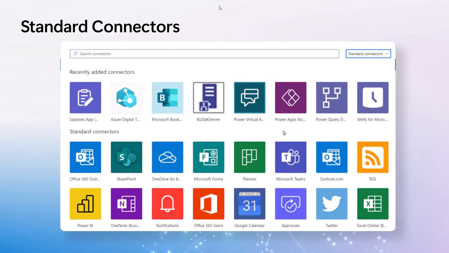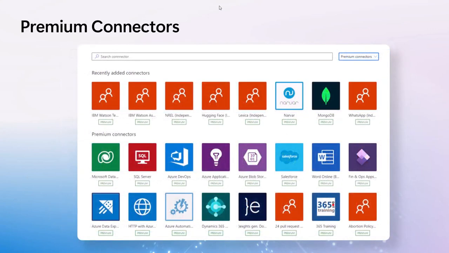We can see Teams, Outlook, and SharePoint. And some examples of premium connectors, which includes Dataverse, Azure DevOps, and SQL Server, and also includes both Salesforce and MongoDB. Remember, this is just a small slice of all of the connectors that are available within the platform.